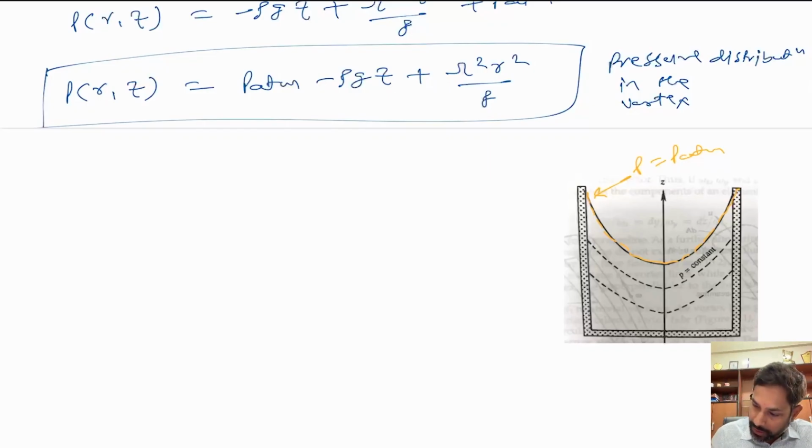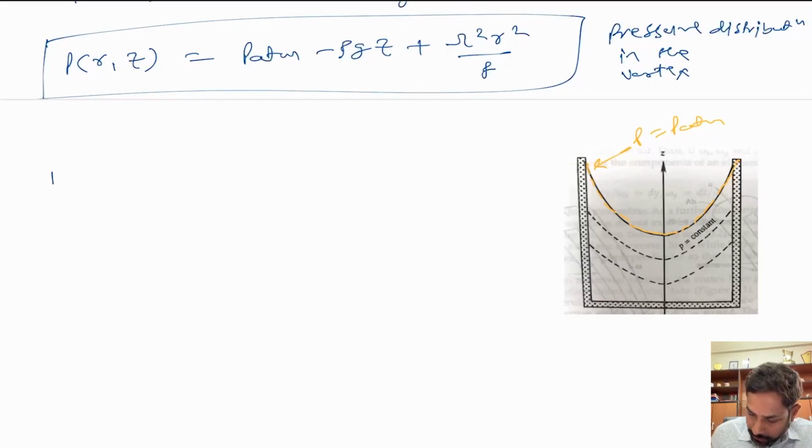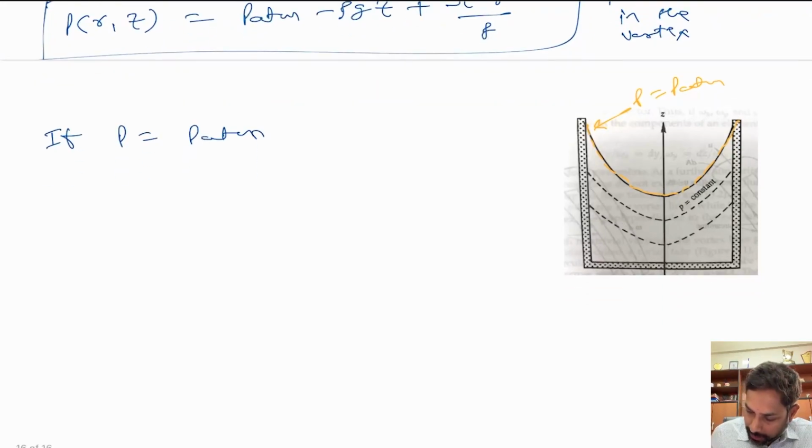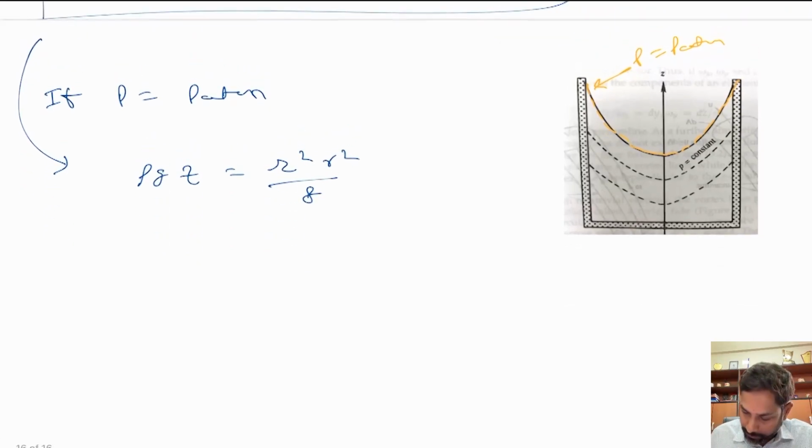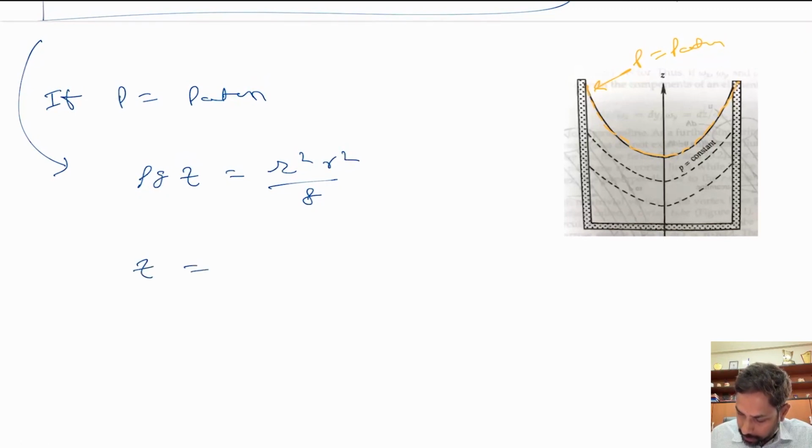So if P is P atmospheric, the pressure on both sides cancel, and this equation gives us rho g z is equal to omega square r square over 8. So that gives us z is equal to omega square r square over 8 rho g, right?